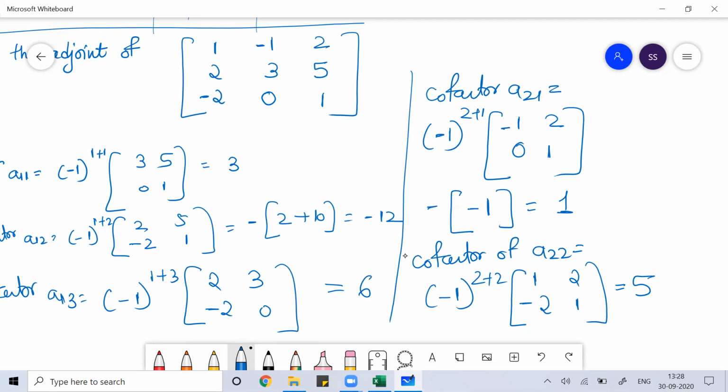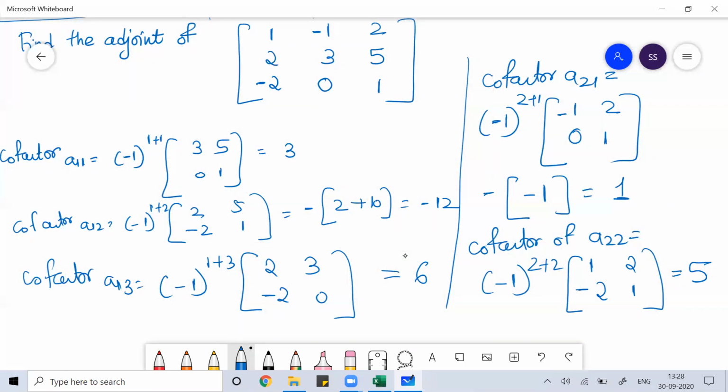Clear? Anyone have any doubt? Find the cofactor of each element.